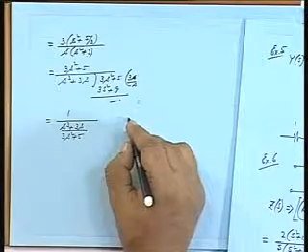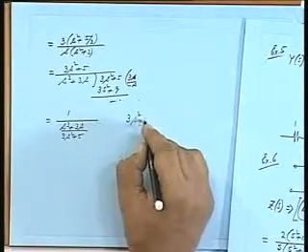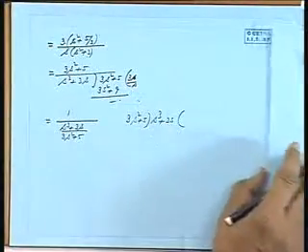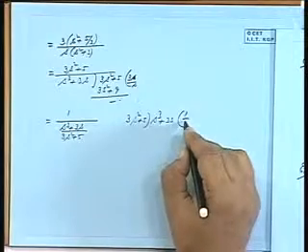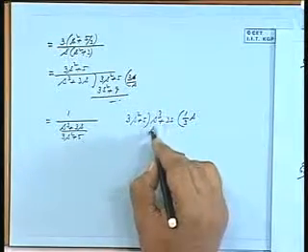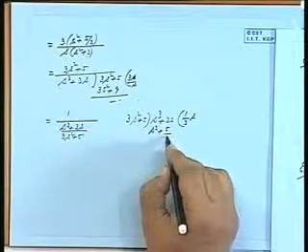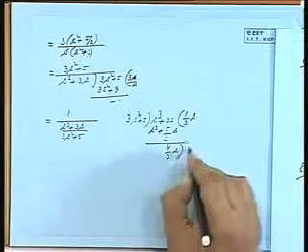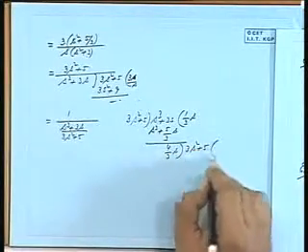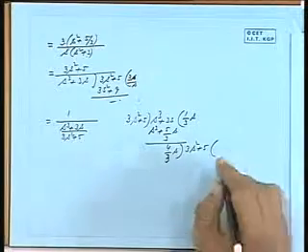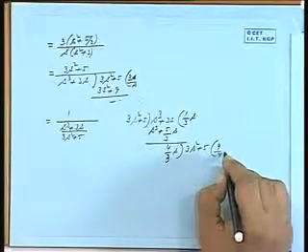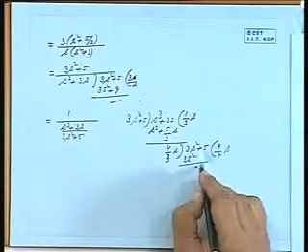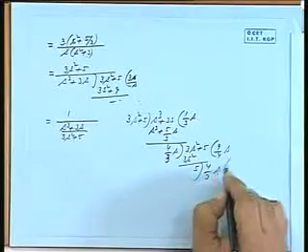Okay, 3s squared plus 5 into s cubed plus 3s. Okay, so 1 by 3s plus 5 by 3s. If I subtract 4 by 3s, 3s squared plus 5. Okay, so 9 by 4s will give me 3s squared, and then 4 by 3s.